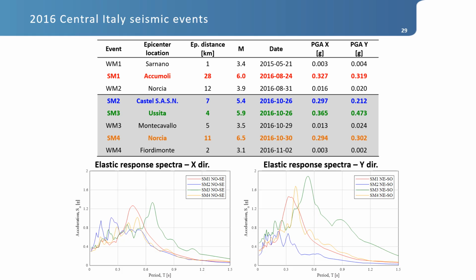Actually, these are the recordings of these events. As you can see here, these are the response spectra of different stations for the records of different magnitude and epicentral distance that occurred within the sequence.